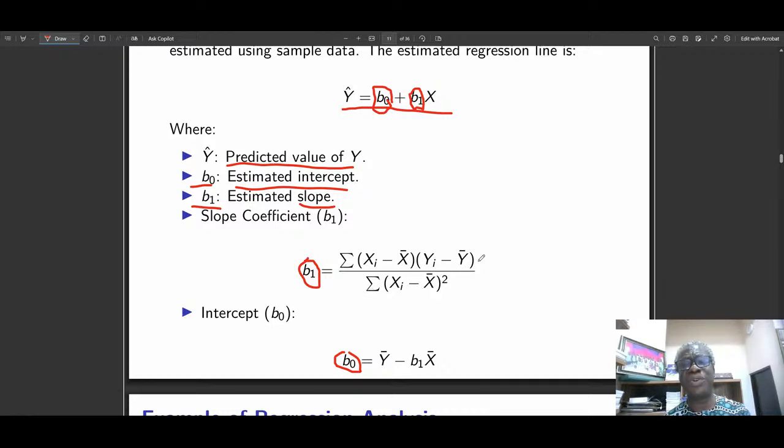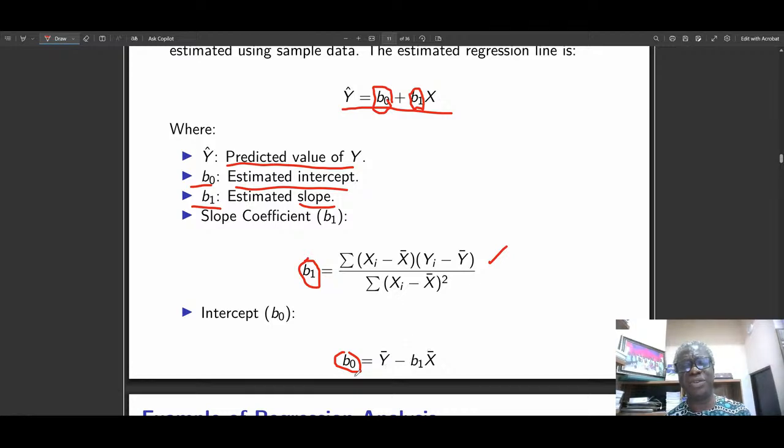So try to compare this formula with the formula for the correlation coefficient. The numerators are the same, but the denominators are different. And once you get your b1, you can substitute here.